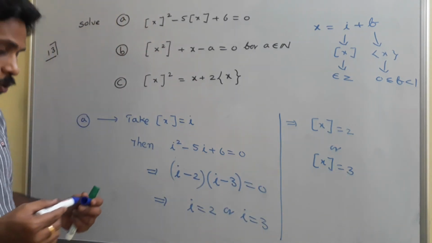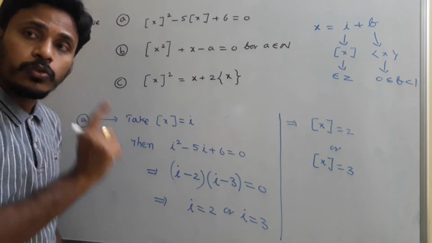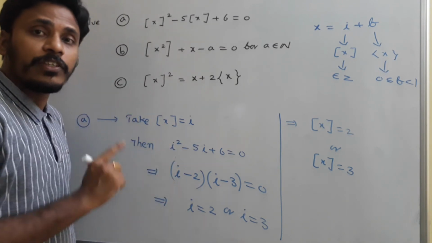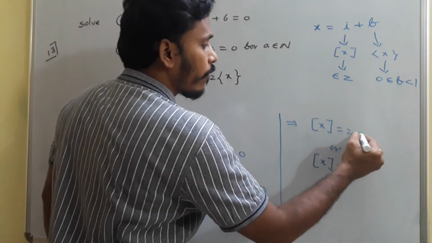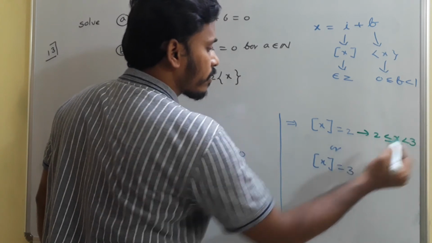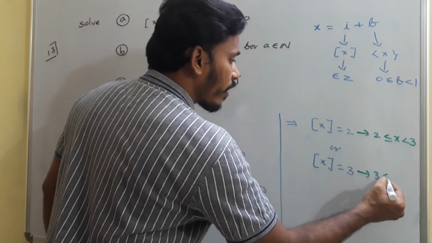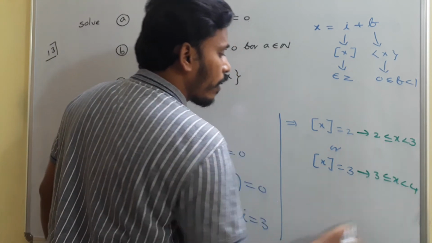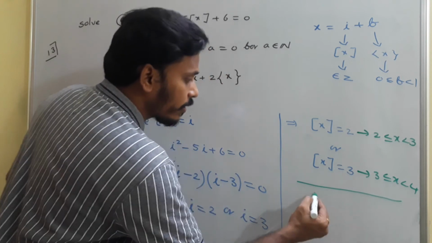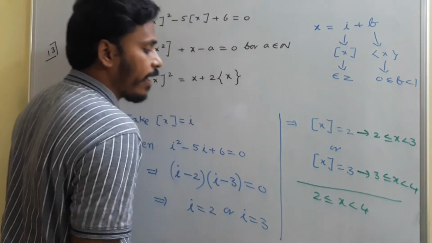If step x is equal to 2, then what do you say about x? If step x is equal to 2, x is a number which is in between 2 and 3. From there it is very clear that 2 less than or equal to x less than 3. And since step x is equal to 3, the value of x is in between 3 and 4. When you combine these two, your answer for the problem is 2 less than or equal to x less than 4.